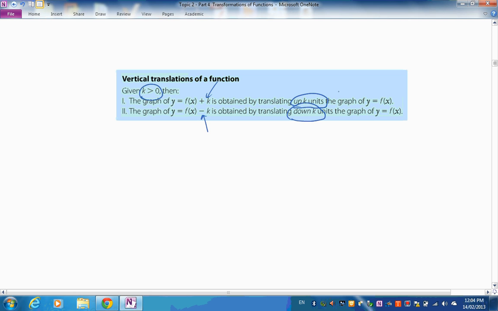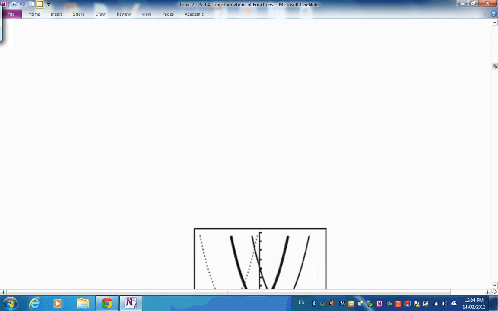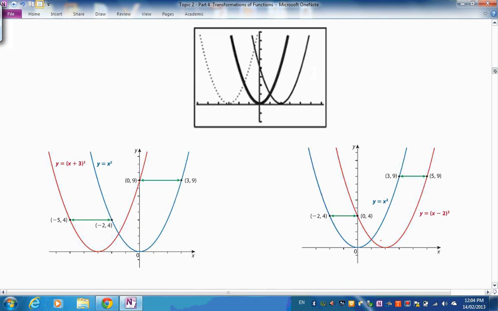All right, let's see what we can do in the x direction. So here's a few graphs. We're trying to move or translate the function this way this time. In the x direction, a translation parallel to the x-axis.